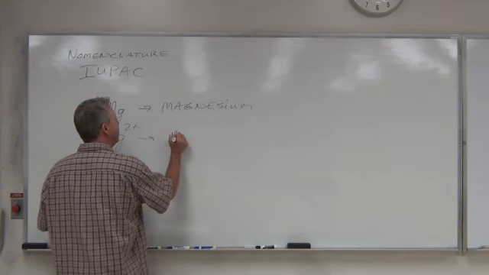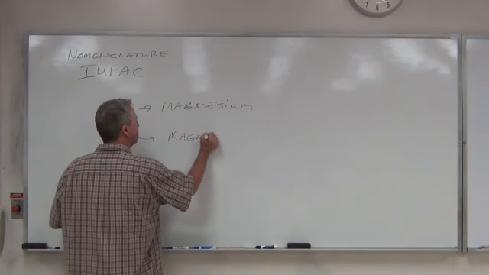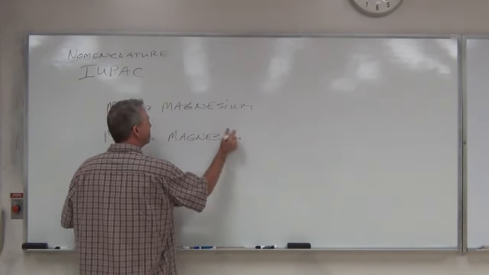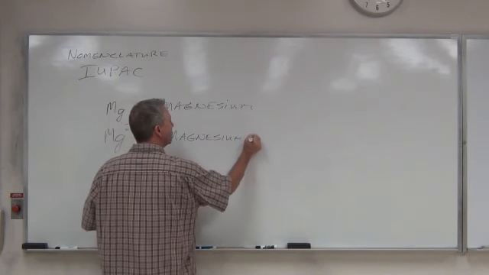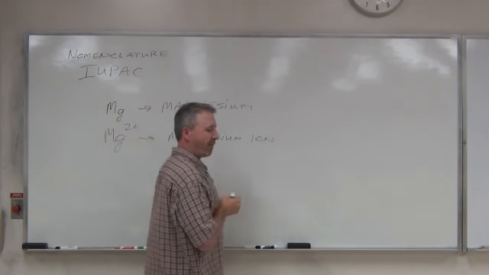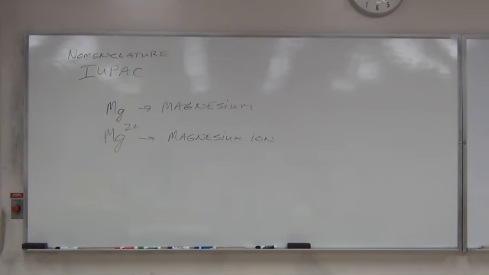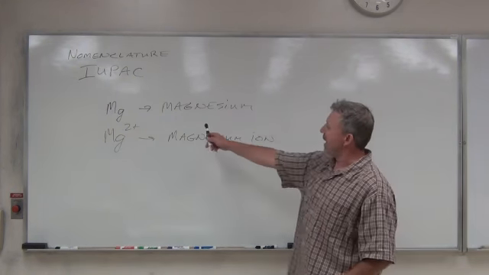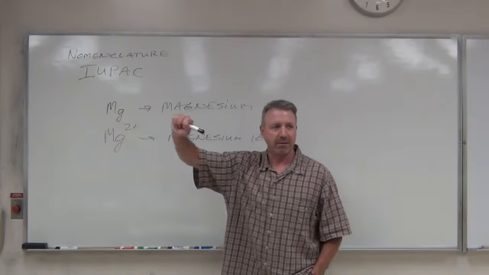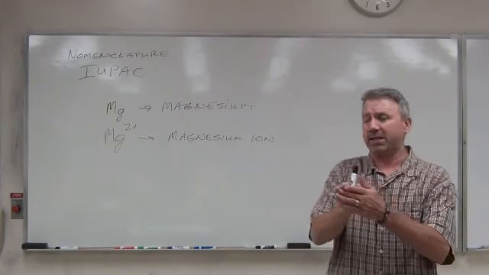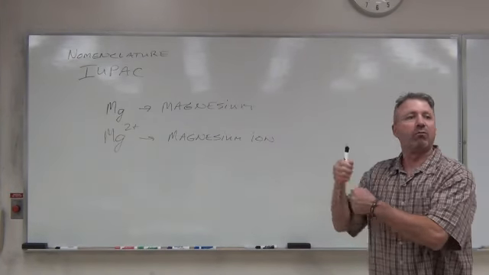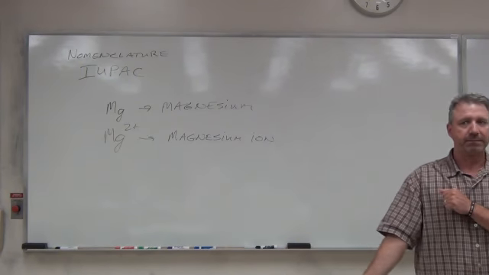This is magnesium ion. Whenever you have a cation, remember cations are positive, it's got a little plus sign right in it. Whenever you have a positive ion, a cation, it's the name of the element with the word ion attached to it.